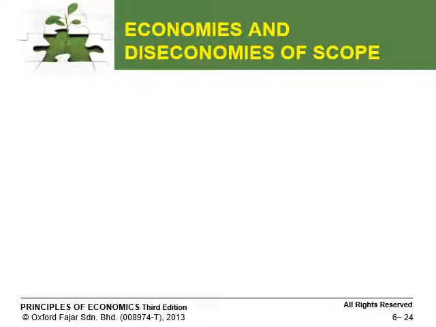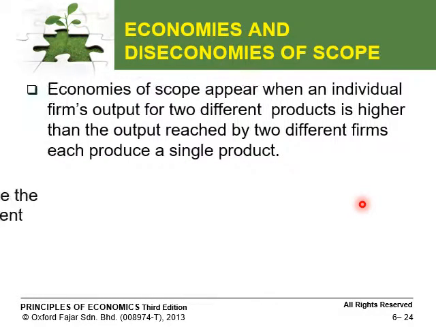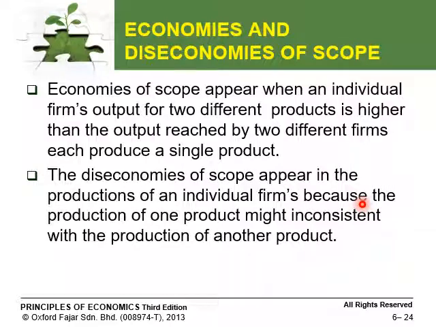Okay, what is meant by economy of scope? Okay, this is the economy of scope. Don't confuse economy of scope and economies of scale, right? When we talk about economy of scope, it means that the firm can produce two types of product with a larger number of products. Okay, it means that one company can produce two types of product with a larger amount compared to two companies producing these two different products at the same time.